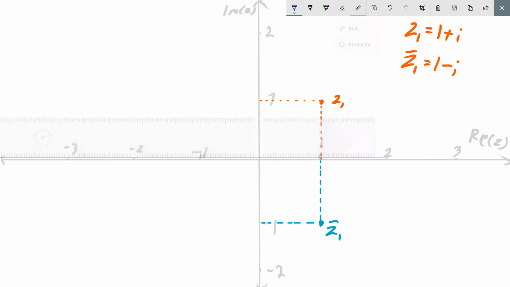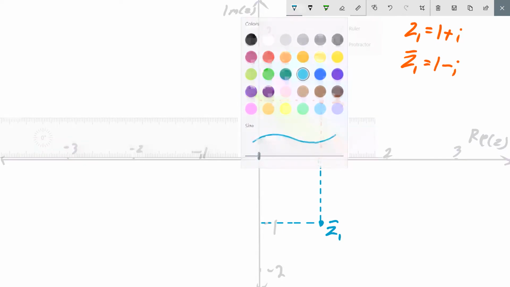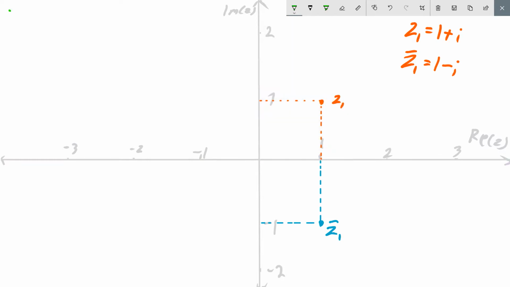So now I want to put in a different Z value. I'm going to call this Z2 and I'm going to make it equal to 2 minus 2i. So I'm going to put it in. This time I'm not going to do guidelines as I've done before, but there you go, there's Z2.